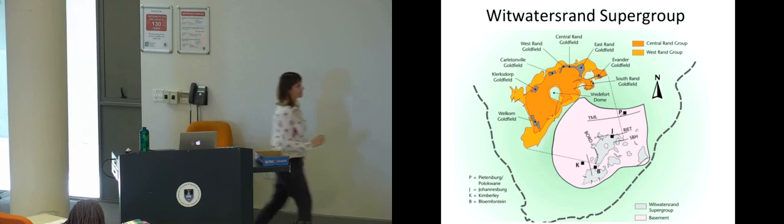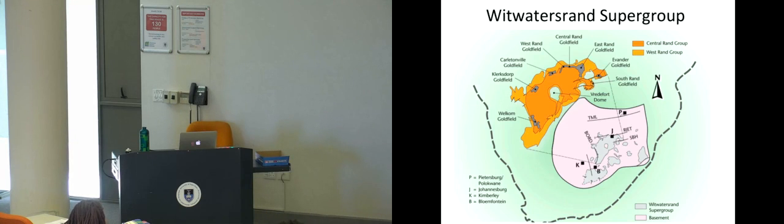So this is that picture again, where we've got the outline of modern South Africa. This is our Kaapvaal craton, and this outline here, and there are various patches, is the extent of what's left of this Witwatersrand Basin. So not all of these rocks outcrop at surface.